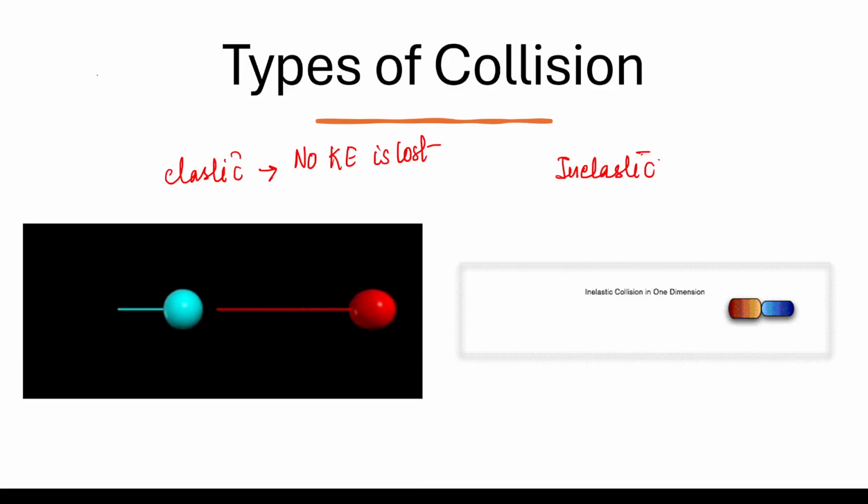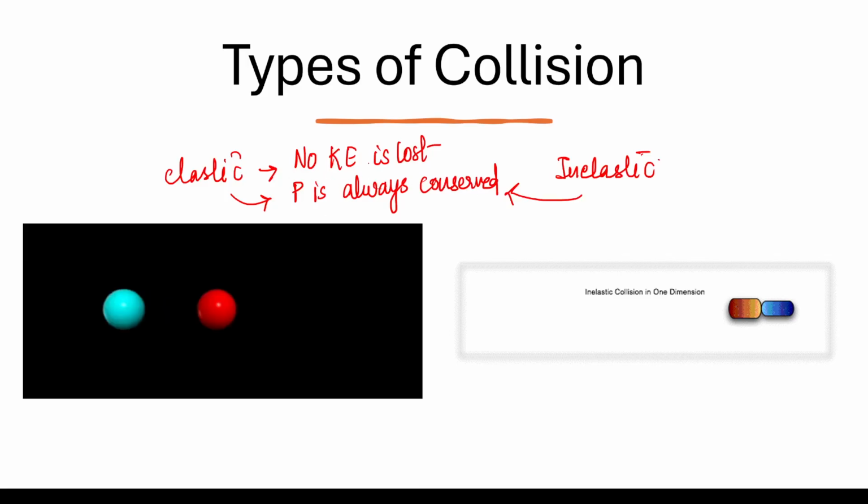If something is not lost or does not change, that means it is conserved. So kinetic energy is conserved. Momentum is always conserved, whether it is elastic or inelastic, because it's a collision. In a collision, the external force is assumed to be zero, the resultant force is assumed to be zero, so momentum is always conserved. In elastic or inelastic, in both cases momentum is conserved.